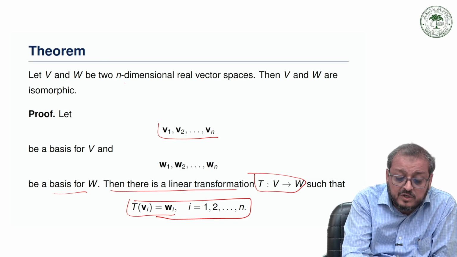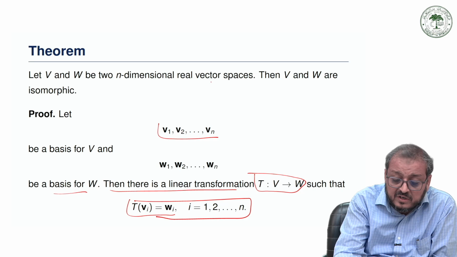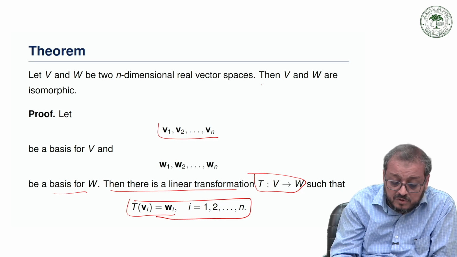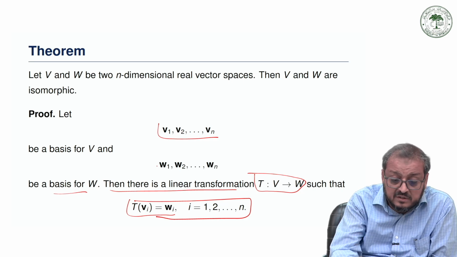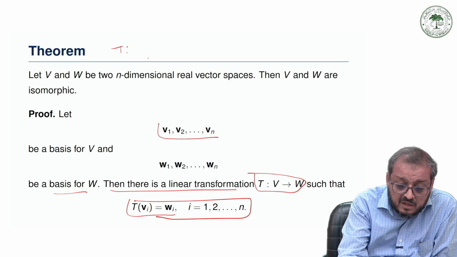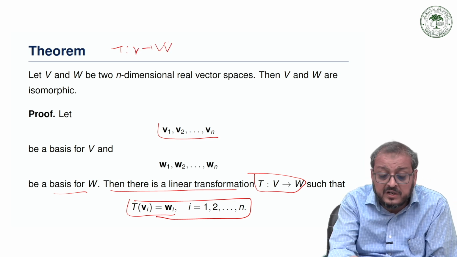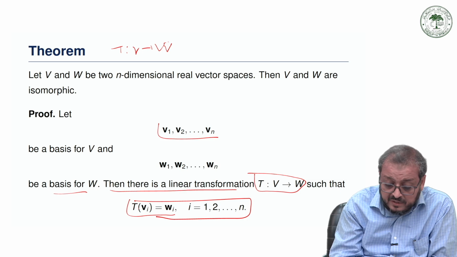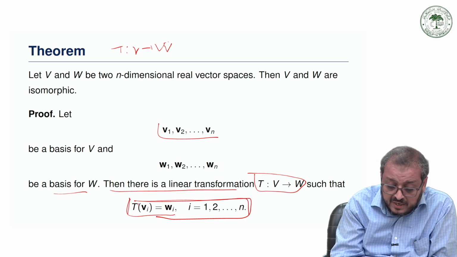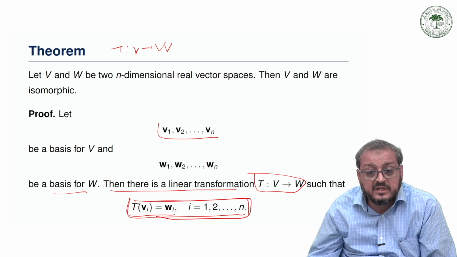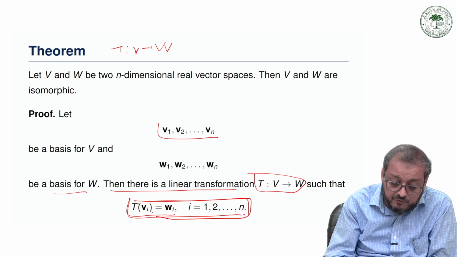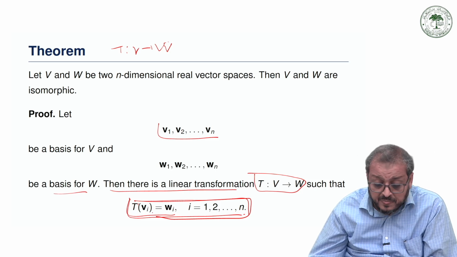Let V and W be two n-dimensional real vector spaces, then V and W are isomorphic. So, we define T from V to W as a linear transformation, and for this we have to prove that there is a unique image, T(Vi) equal to Wi.